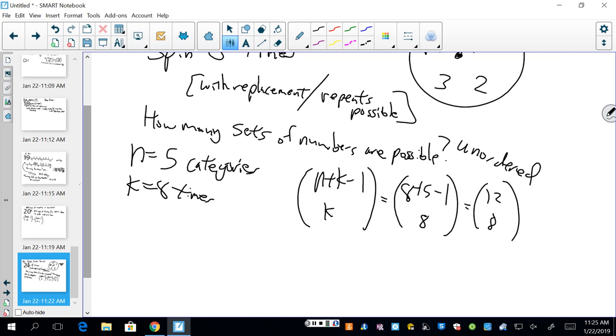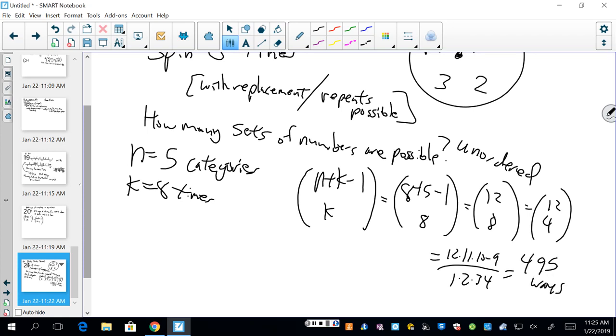Yes, k is 8. I'd rather compute 12 choose 4 by hand. So 12 times 11 times 10 times 9 over 1 times 2 times 3 times 4. That's 495 ways that you can have something like that.